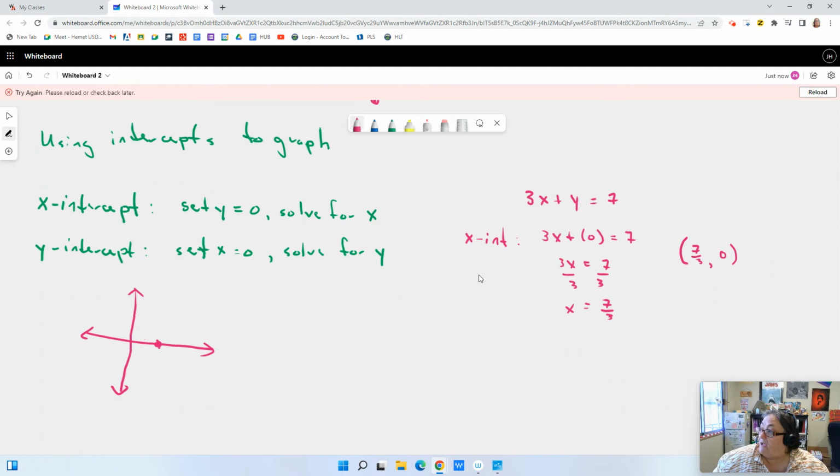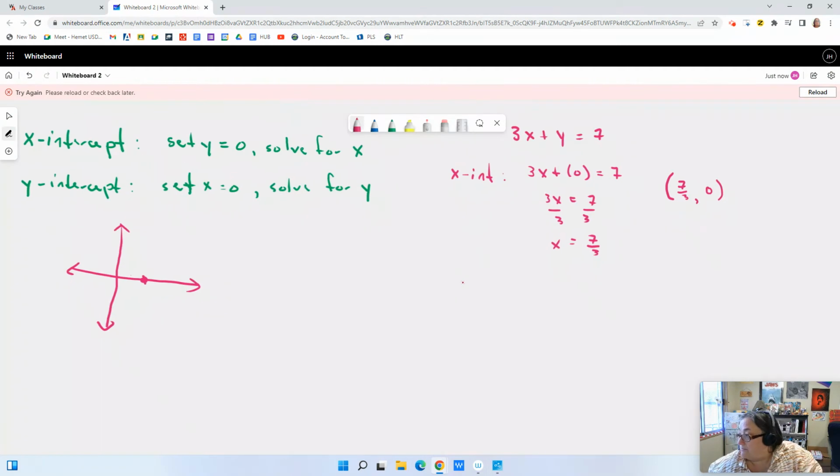So we found our x-intercept. Now all we have to do is look for our y-intercept. And we do that. This time we're going to set x equal to 0. So if I have 3x, that's 3 times 0 plus y equals 7. Well, 3 times 0 is just 0, and we get y equals 7.